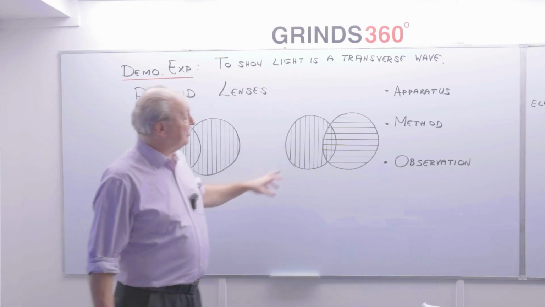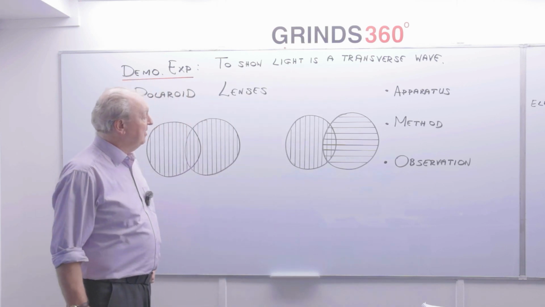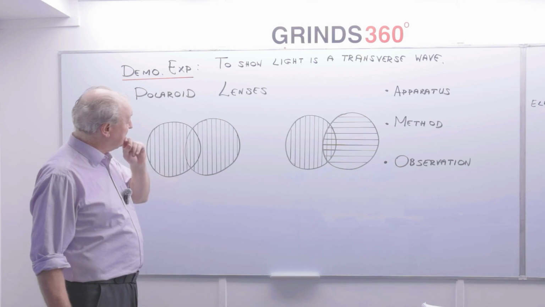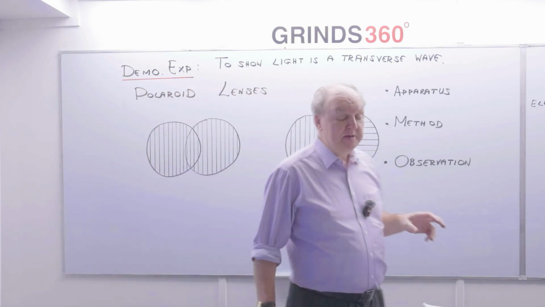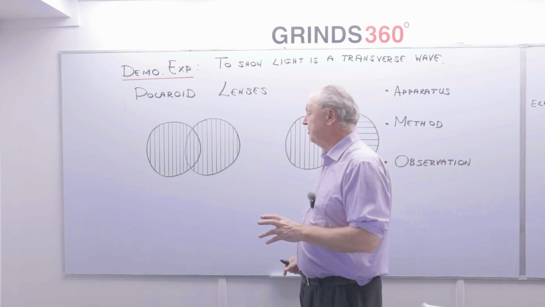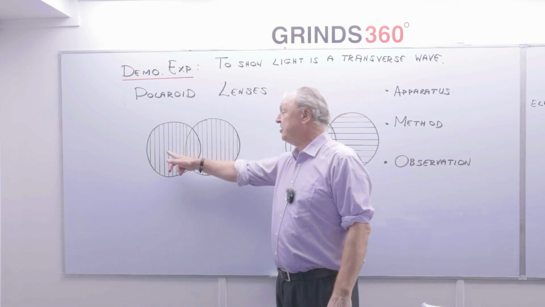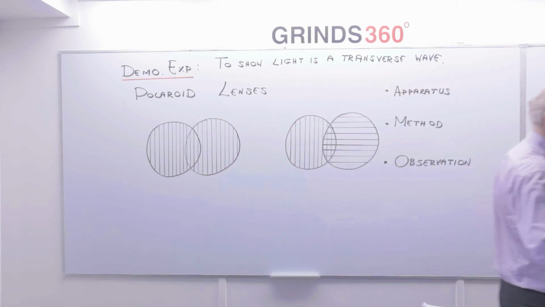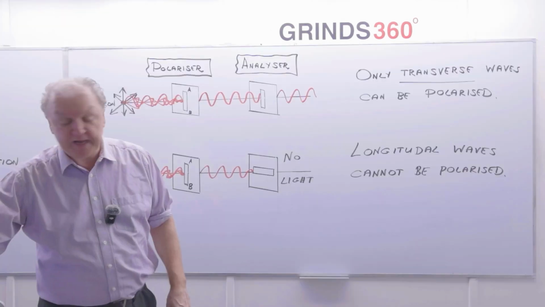Now, my apparatus is two Polaroid lenses. So what I'm going to do is get two Polaroid lenses, and line them up so that the gaps are parallel to each other. So what happens is, the light that passes through one will also pass through the other. That's exactly the same as what we did with the polarizer and the analyzer.